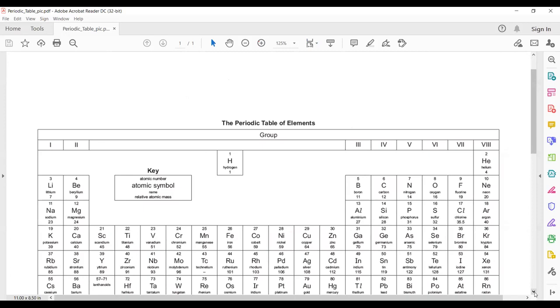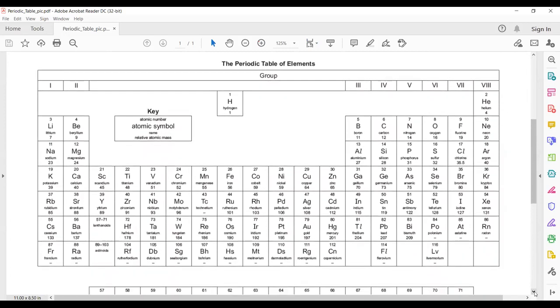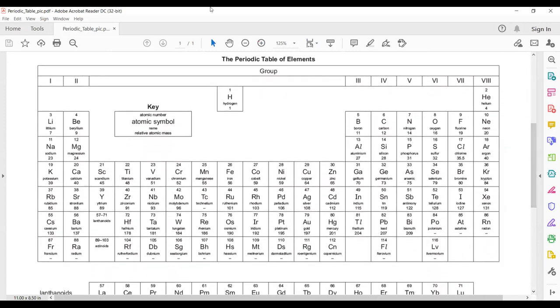We have sulfur, sodium, and oxygen. The atomic mass is given at the bottom. So sulfur is 32, oxygen is 16, and sodium is 23. So we'll divide each percentage by its mass.